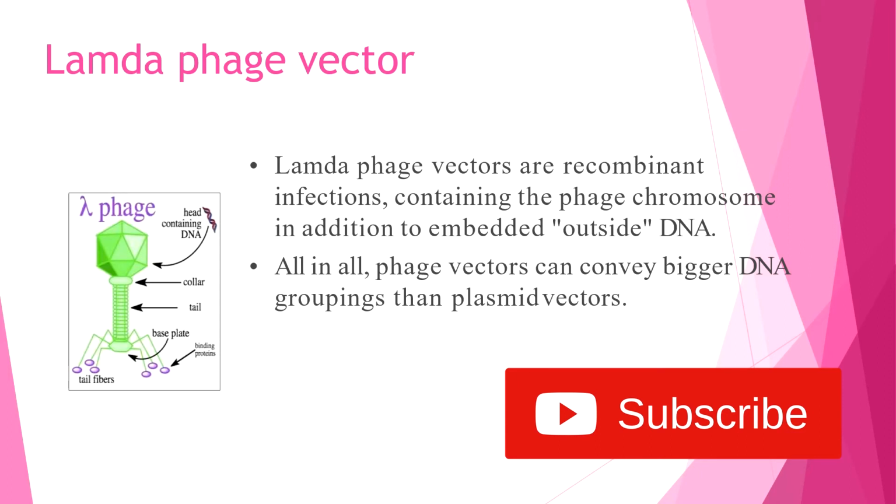All in all, the phage vectors can carry bigger DNA fragments than the plasmid vectors. We see that plasmid vectors are capable of carrying DNA of less than 20 kb. If we have bigger ones, we depend on the lambda phage vectors.